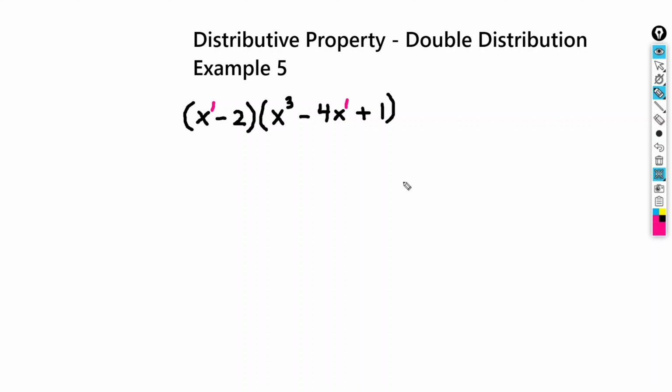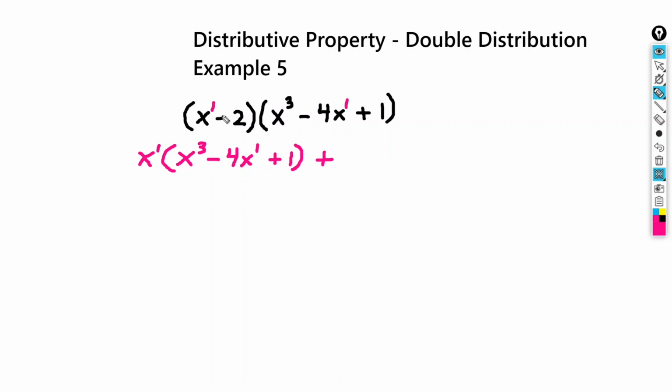And how we want to work this out is we want to break apart this first binomial. So I'm going to break this apart into x times x cubed. Again, this is x to the first, minus 4x to the first, plus 1. And then I'm going to do a plus.